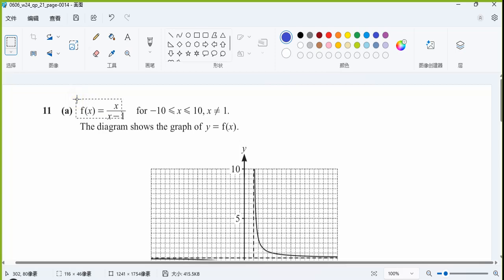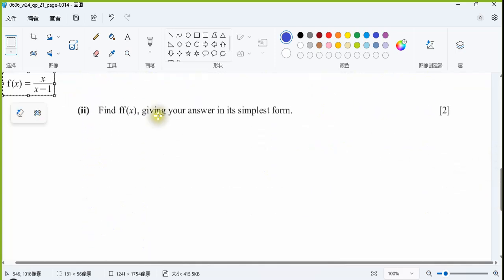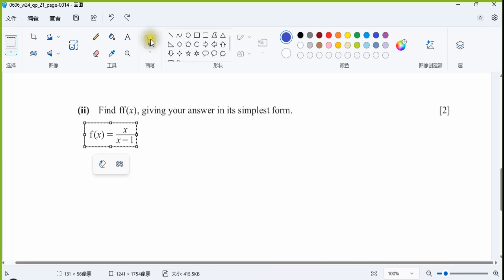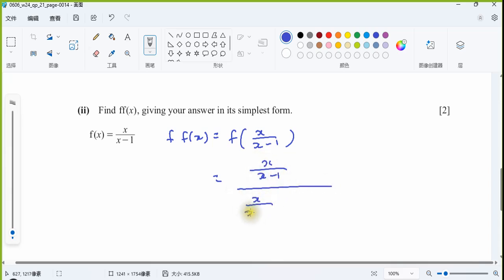So f(x) is this, so we have a composite function. We want to find the composite function f of f(x), which is x over x minus 1, over x over x minus 1, minus 1.